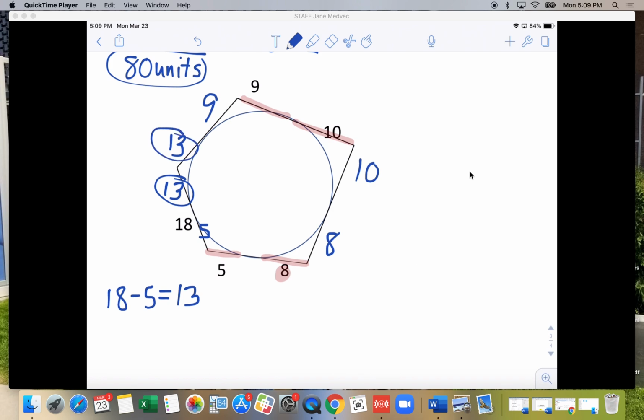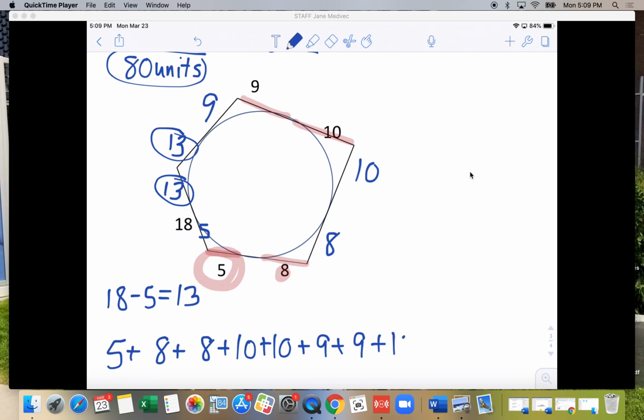So to go around now and try to figure out how much, let's start with the 5 right here. Okay, so I'm going to take 5 plus 8 plus 8 plus 10 plus 10 plus 9 plus 9 plus 13 plus 18.